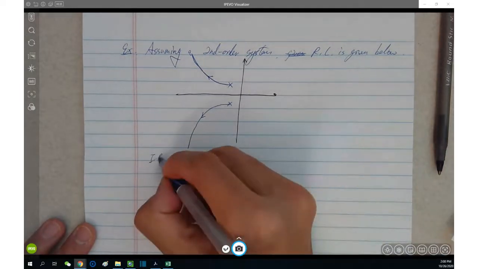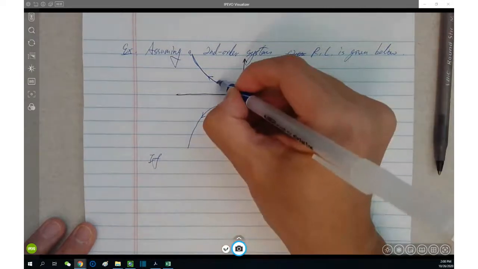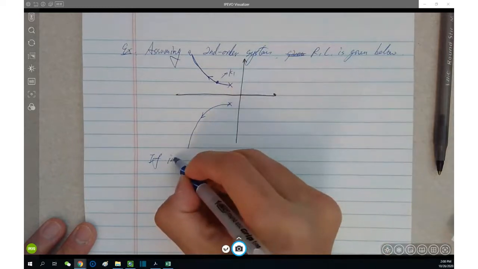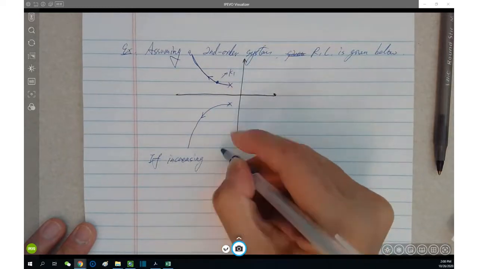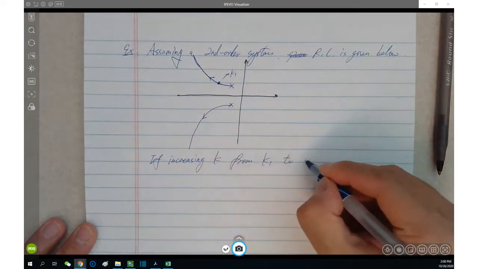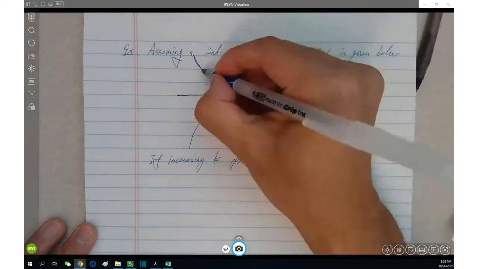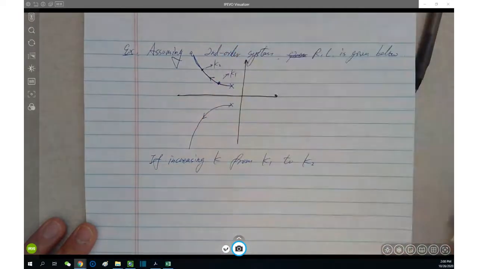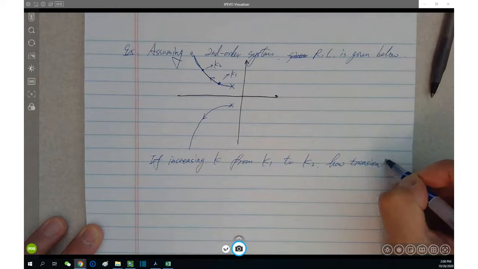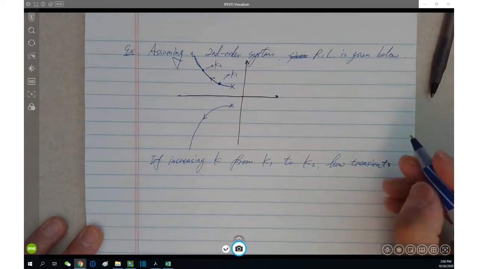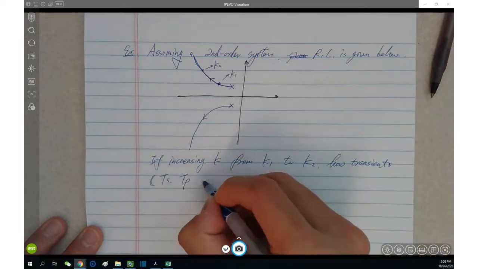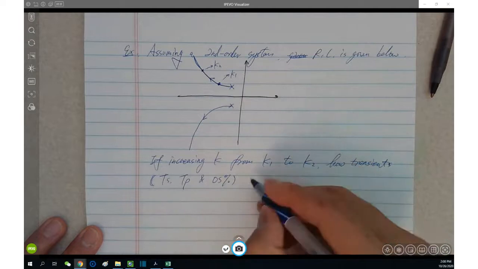Now, if increasing K from K1 to K2, how the transient, including TS, TP, and overshoot, will change.